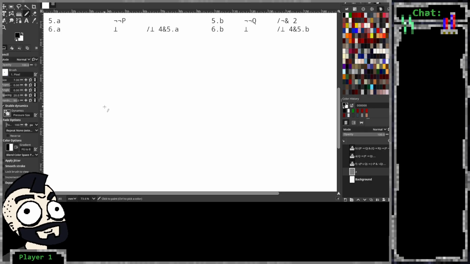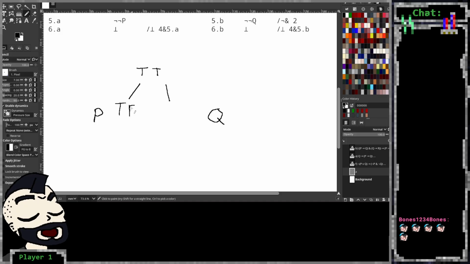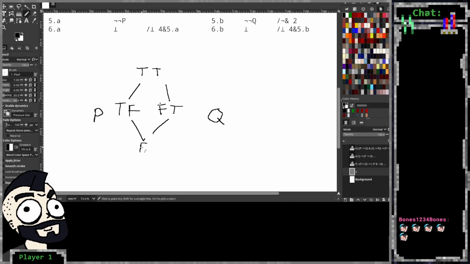So yeah, if we have two propositional letters and two possible values, so we have our classic P and Q, now we have four possible states. The state in which both are true, the first is true and the other is false, false and true, and the state in which both are false.